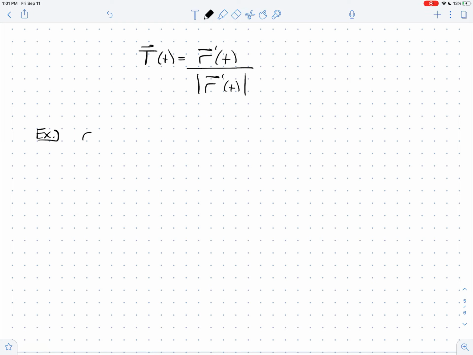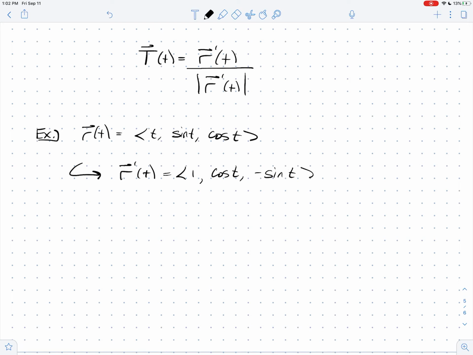Let's do r of t is t, sine t and cosine t. So then we want to find the unit tangent vector T. So first we're going to compute r prime of t, and we're going to get 1, cosine of t, and minus sine of t.